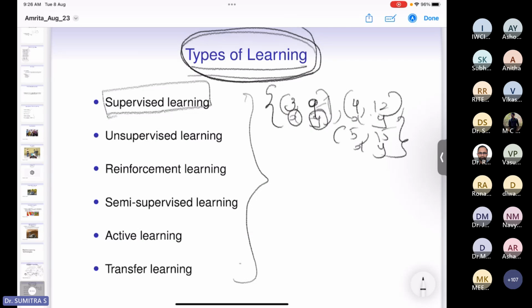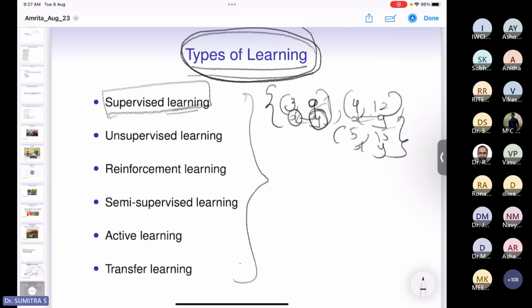There may be little distortions when we write it. Even then, the child may be able to understand the letters. And there is a supervisor, a teacher who is telling the child, look, this is letter A, this is letter 1, this is letter 2. In the same way, here Y acts as the supervisor. If a supervisor is there to give information and guide the expert, and the data is provided in that way, we call it supervised learning.